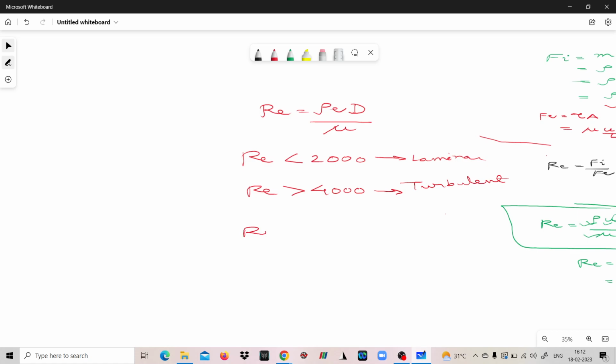However, if Reynolds number lies between 2000 and 4000, we say that the flow is in transition from the laminar to the turbulent state. So this is the importance of Reynolds number, because for a particular type of flow, it tells us whether the flow lies in the laminar regime, the turbulent regime, or is still in transition.